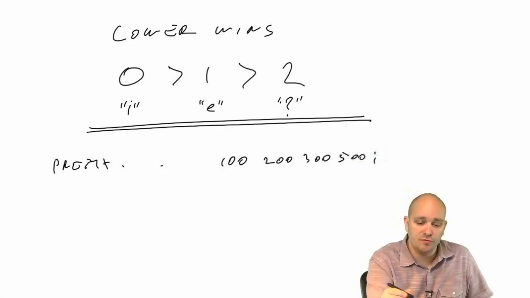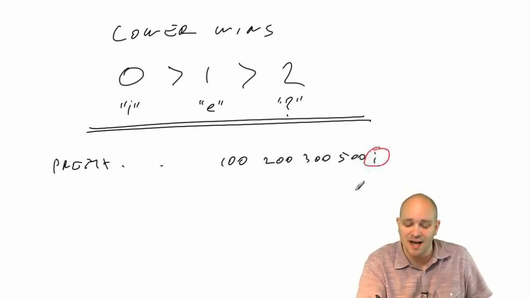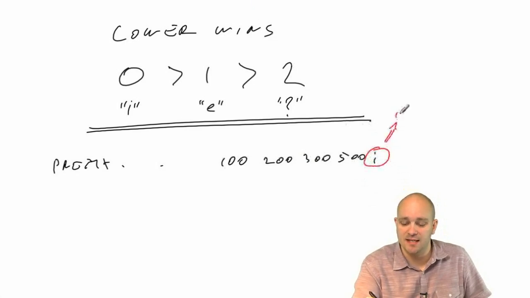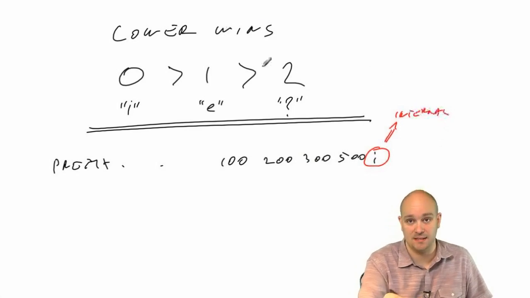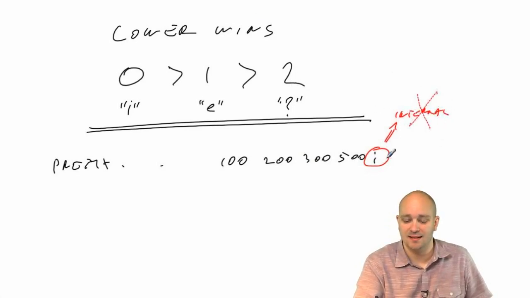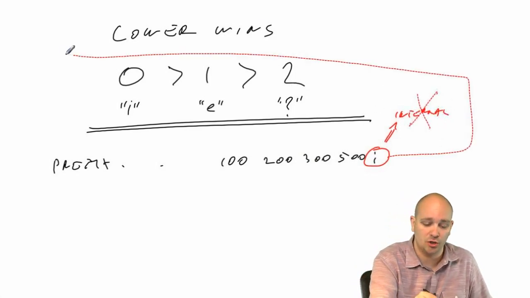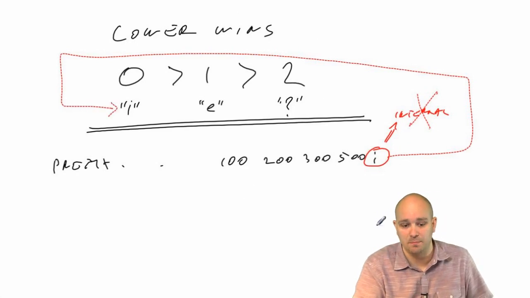Now, most students assume that this I here means that this was an internal route. No, that doesn't mean that. This means that this route has an origin code of IGP.